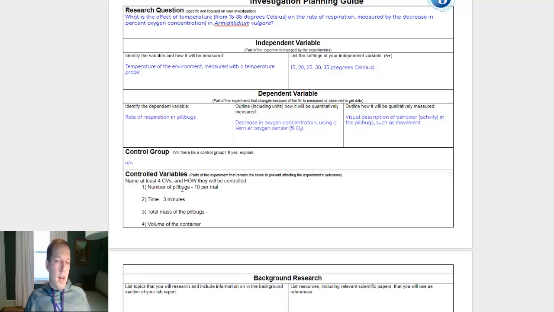Most likely I would select some average size pill bugs, find the mass of them, and find that it's somewhere in a range between a total of 40 to 45 grams. So as long as it's within that range, I'm going to assume that the effective mass is not going to be significant on my results.